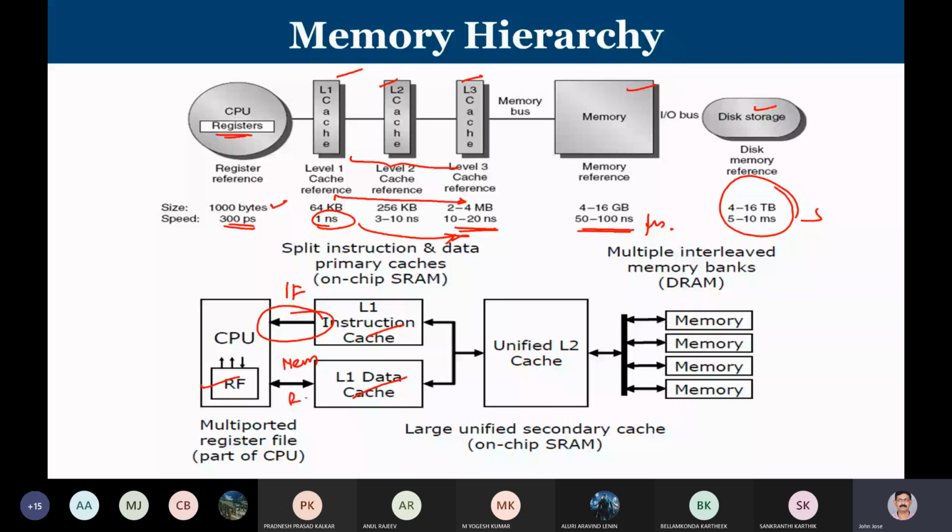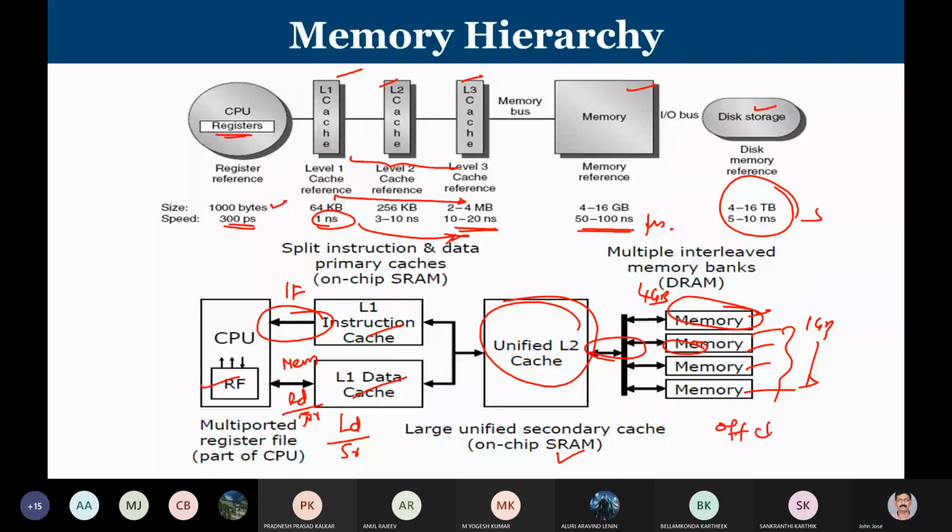So both read and write are performed, because you can perform a load operation and a store operation in your D cache, and then you have L2, which is a unified cache, and then you have memories that are connected together. The main memory is divided into multiple ranks or multiple chunks. So different banks are there, and let's say there is a total of 4 GB, and you have 1 GB each. That's the way you do it, and it is all bidirectional. So this is the larger on-chip SRAM, which is known as cache memory, and this other one is called off-chip DRAM.